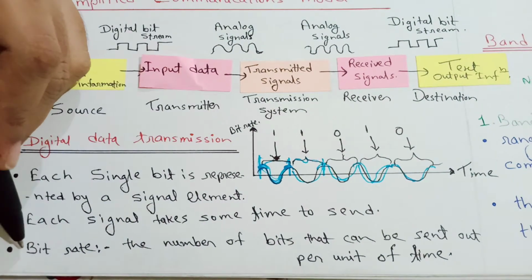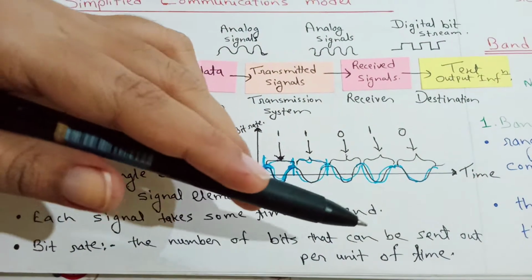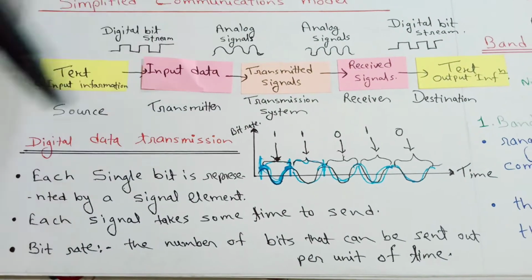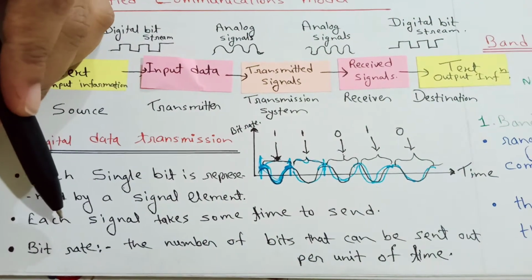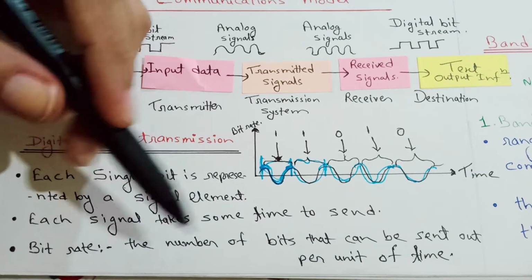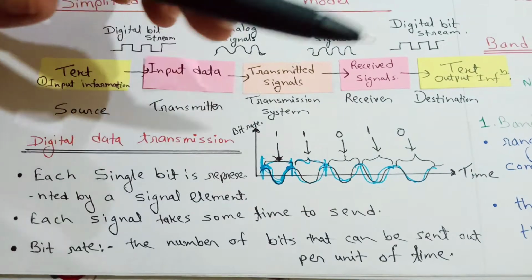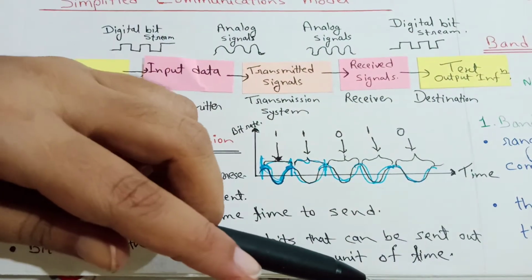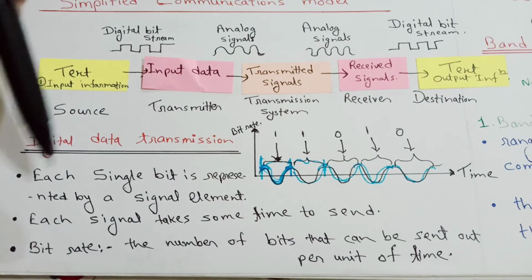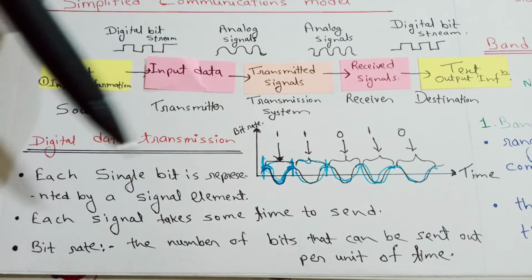And bit rate. What is bit rate? The bit rate is the number of bits that can be sent out per unit of time, and this time becomes the unit of time. In data transmission, bit rate and time are used.